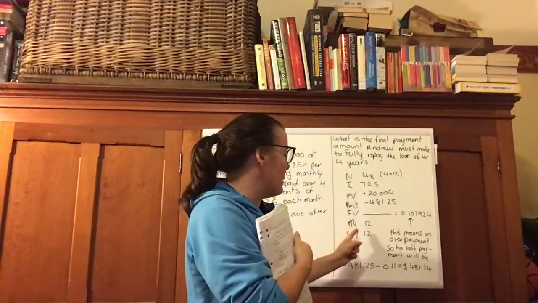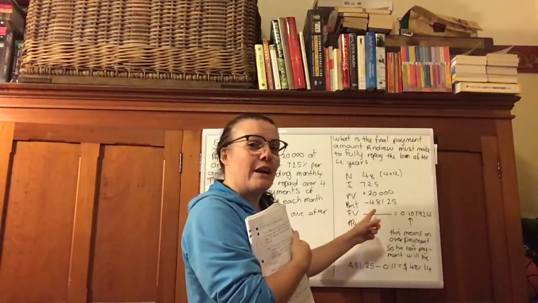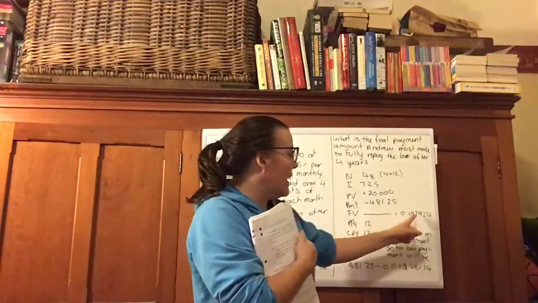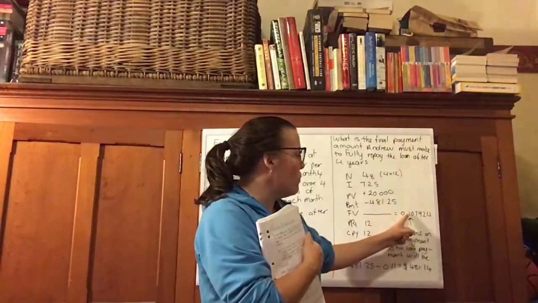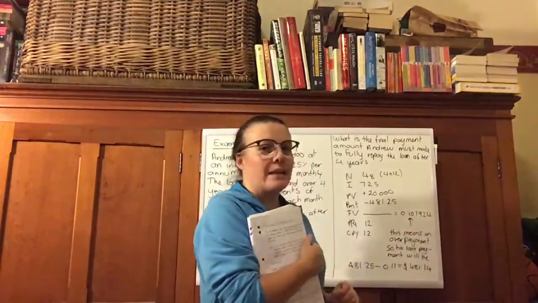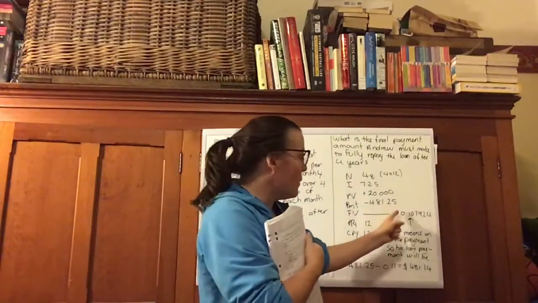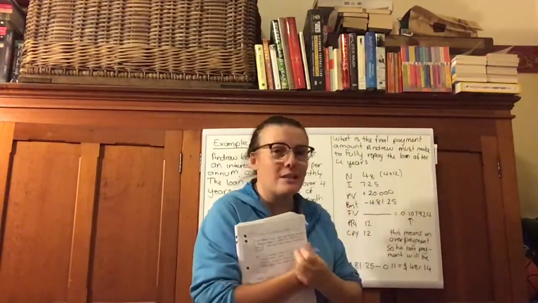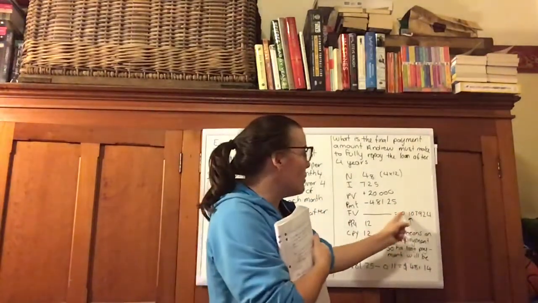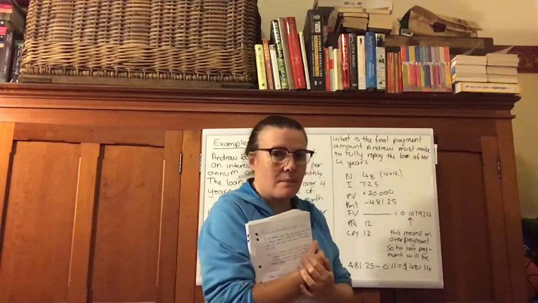PPY is 12, CPY is 12. When we hover over the future value, we hit enter, and it gives us a value of 0.107924. Now, we're talking about cents and dollars here, so we focus on 2 decimal places. We would round this up to 11 cents.